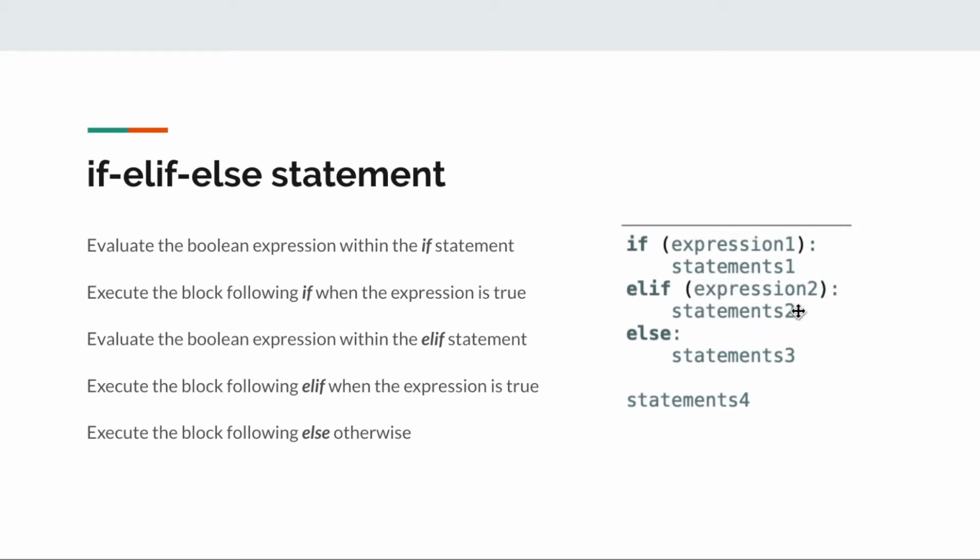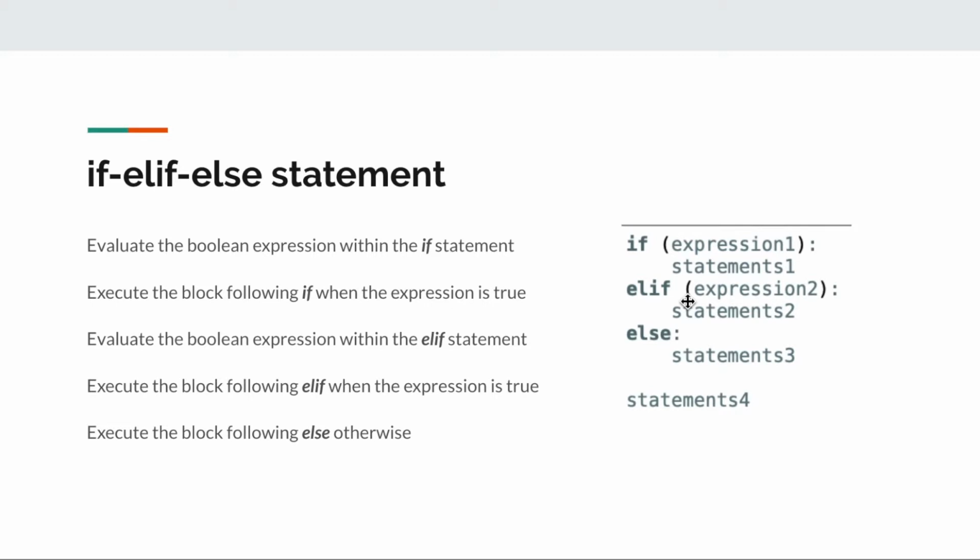If expression 2 evaluates to true, we do statements 2 and then statements 4. If there are more elif statements, we would evaluate the next expression and check if that evaluates to true or not. But in this case, if both of these expressions evaluate to false, we would go to the else statement and execute statements 3 and statements 4.